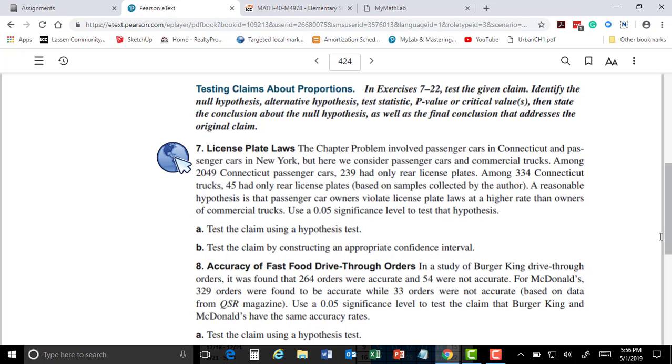And among Connecticut trucks, 45 had only a rear plate. Based on the sample, a reasonable hypothesis is that passenger car owners violate state law at a higher rate than truck owners. This is the difference between commercial trucks and cars in the same state.